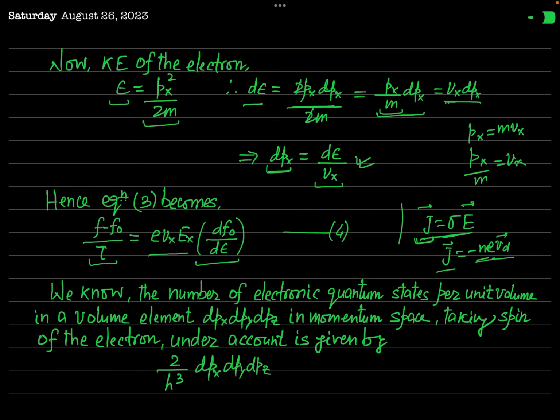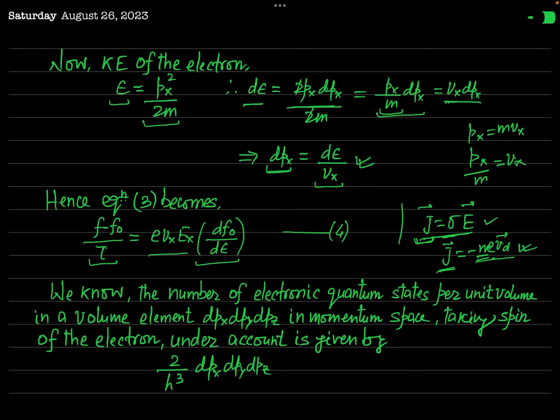First of all, we will find the value of current density using this formula, and then we will compare that result with Ohm's law, and after comparison you will get the value of sigma.